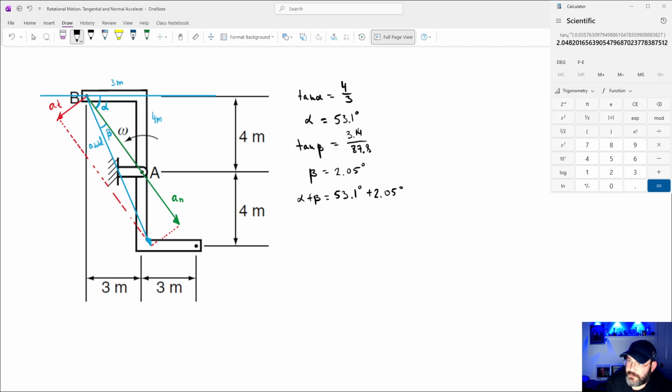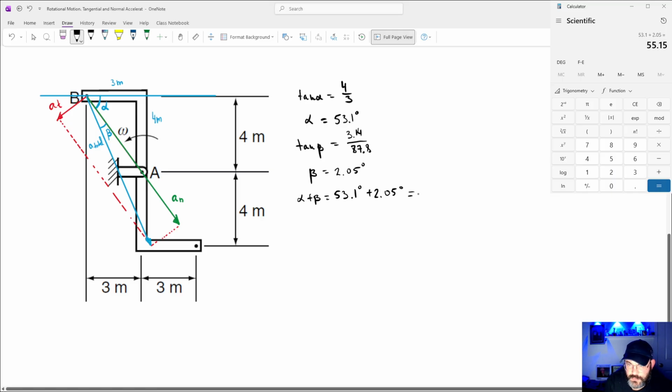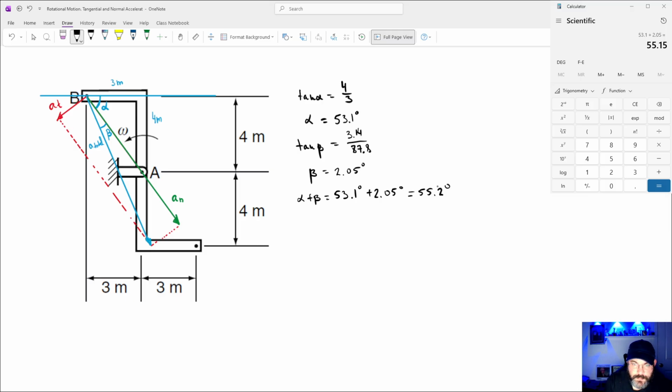And this is a completely different story. Okay, so 53.1 plus 2.05, and this is 55.2 degrees.